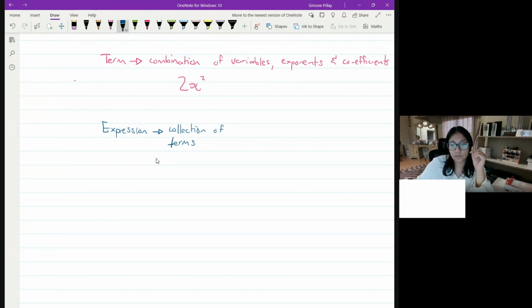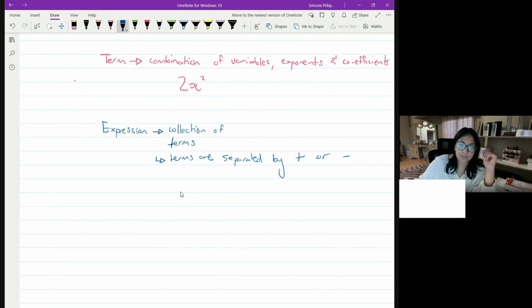Now, really important to know that in an expression, terms are separated by plus signs or by minus signs. So let's get some terms, right? A coefficient is 8y cubed.